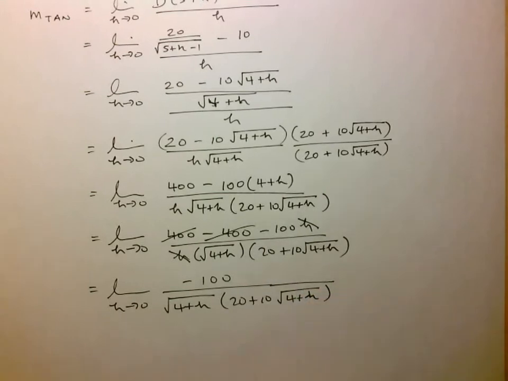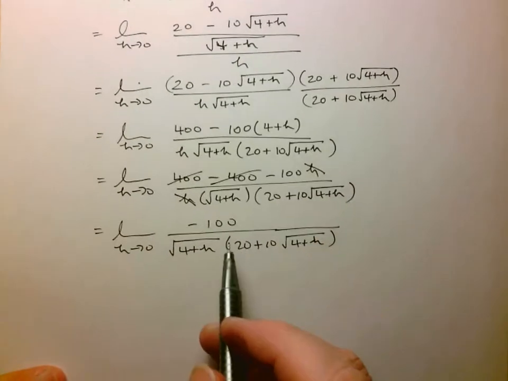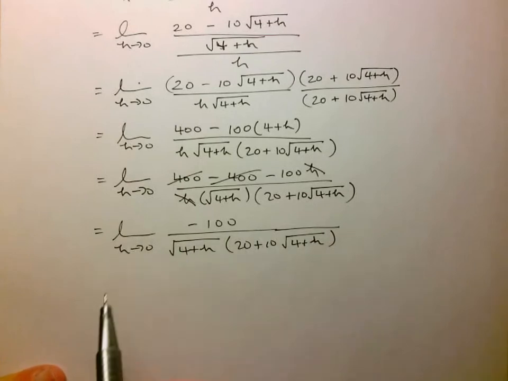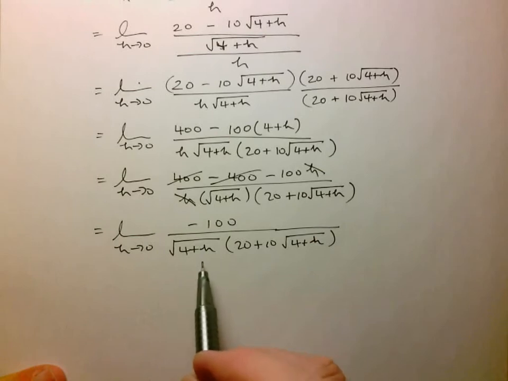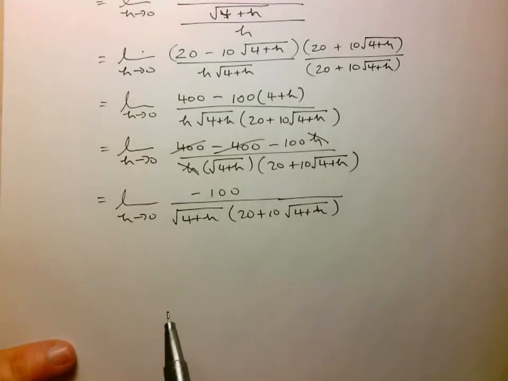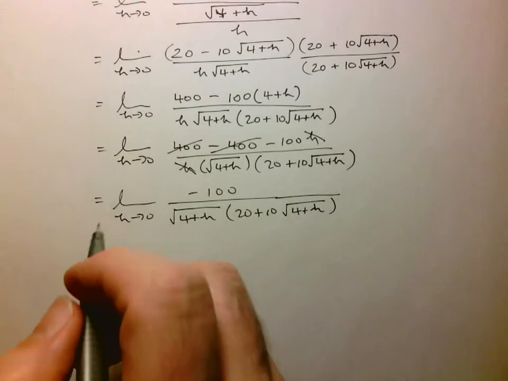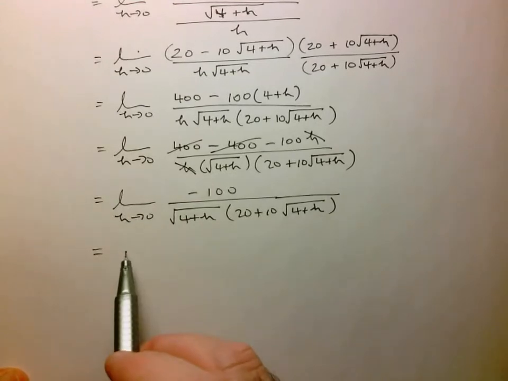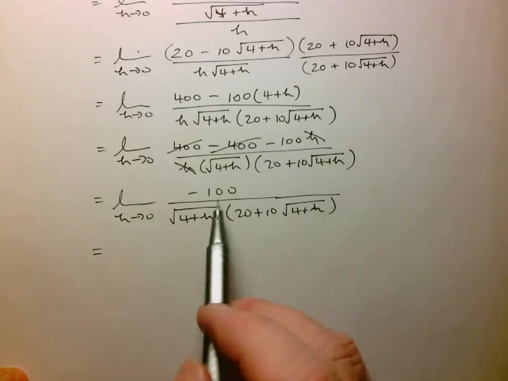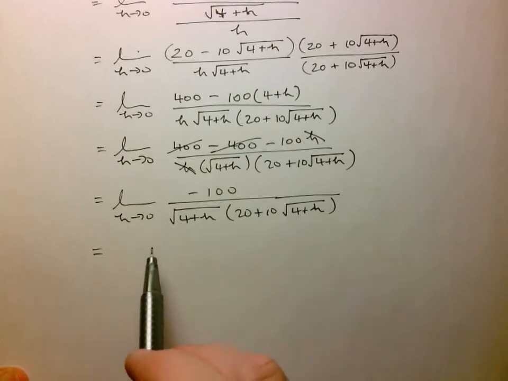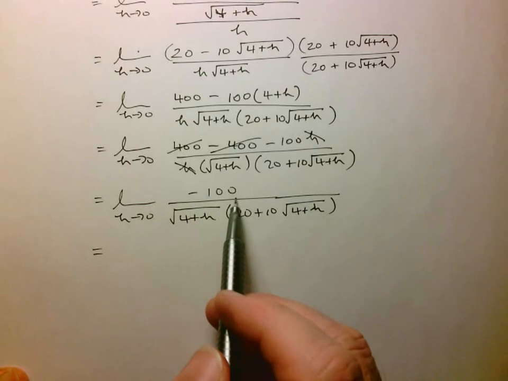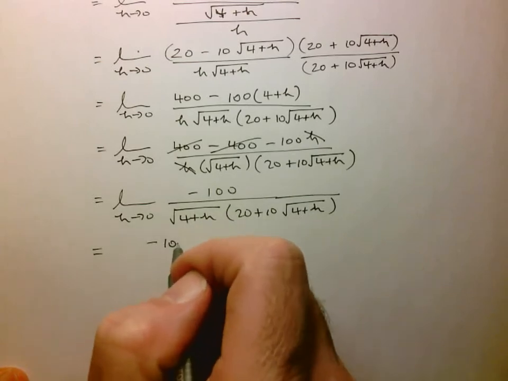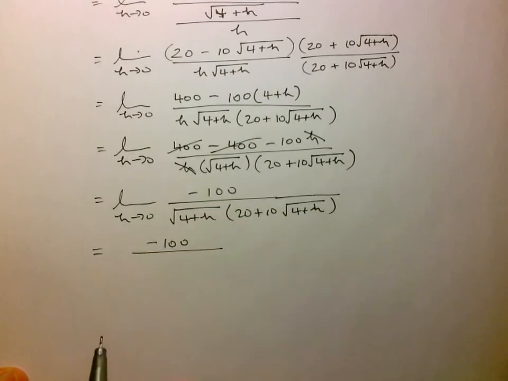Now I can actually decipher what this expression is going to approach as h approaches 0, because I don't have anything that's going to create a 0 in the denominator anymore. At this point I'm not going to be writing limit as h approaches 0 because I'm actually analyzing what happens to this expression as h approaches 0. The numerator is just a constant, so it's not affected by the change in h, and that just remains negative 100.